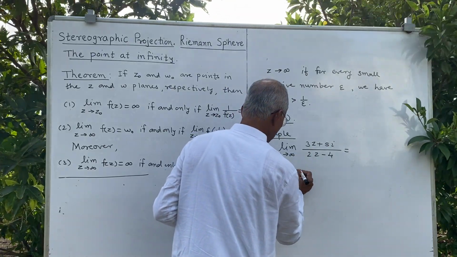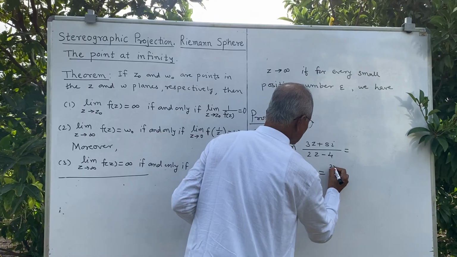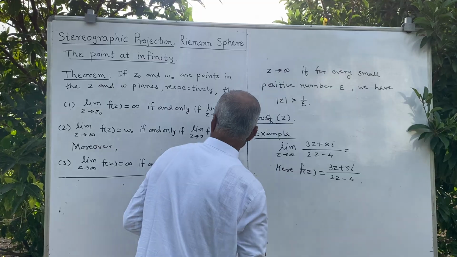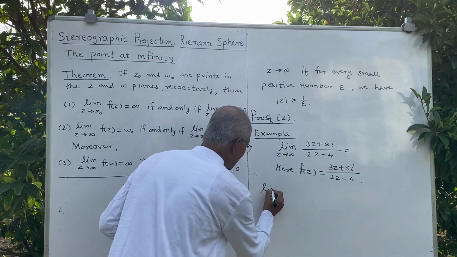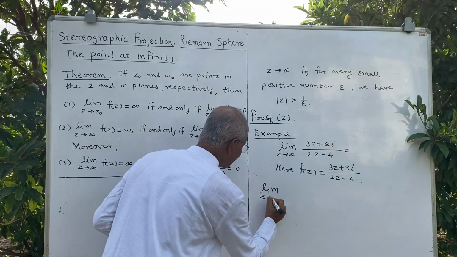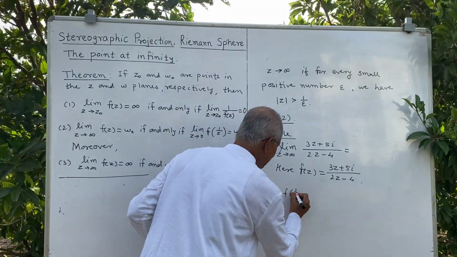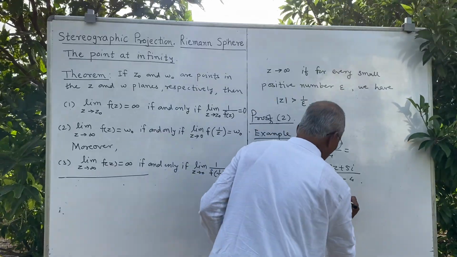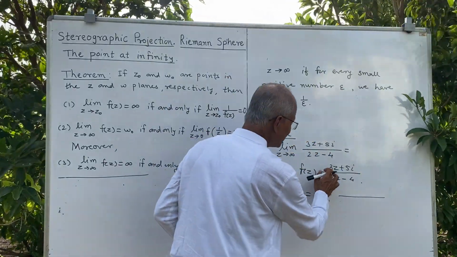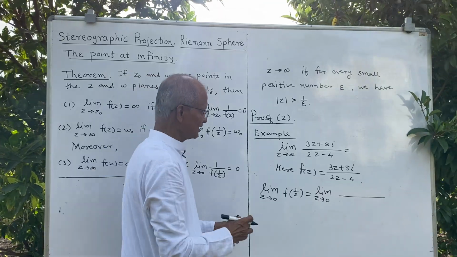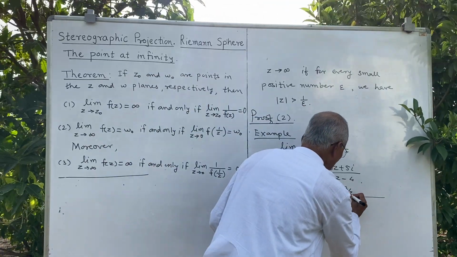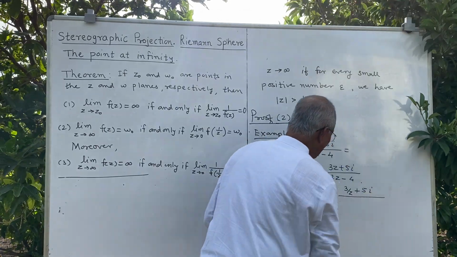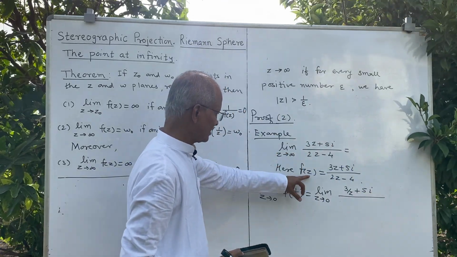Here f of z is 3z plus 5i over 2z minus 4, and therefore the limit z tends to 0 of f of 1 by z is equal to the limit z tends to 0 of, replacing z by 1 upon z, 3 by z plus 5i divided by 2 by z minus 4. Wherever z is there, we have to write 1 by z.